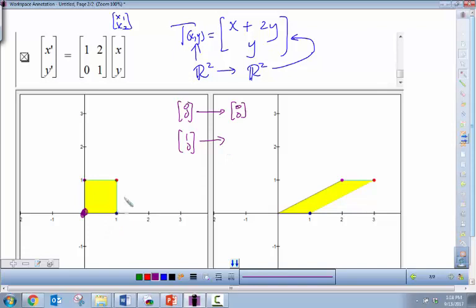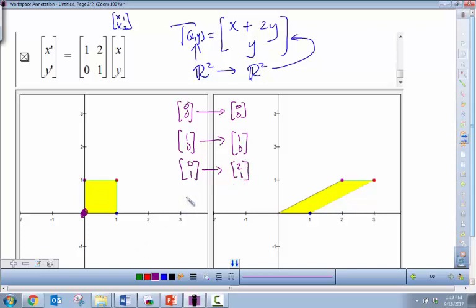All right, let's take a look at another point like 1, 0. If x is equal to 1 and y is equal to 0, where does this go? 1, 0 also, right? And then now let's take a look at 0, 1. If your input is vector 0, 1, where does this go? 2, 1.